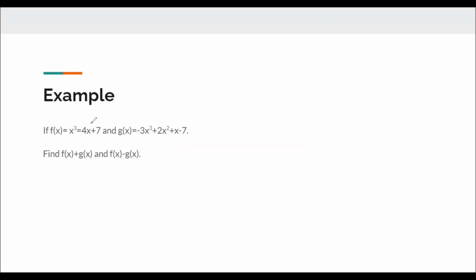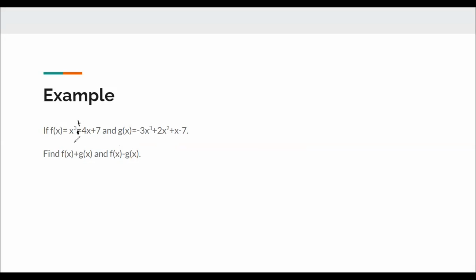It says if f of x is equal to x cubed, I think this should say plus 4x. So if f of x is equal to x cubed plus 4x plus 7, and g of x is equal to negative 3x cubed plus 2x squared plus x minus 7, find f of x plus g of x and f of x minus g of x. So first let's look at the sum.